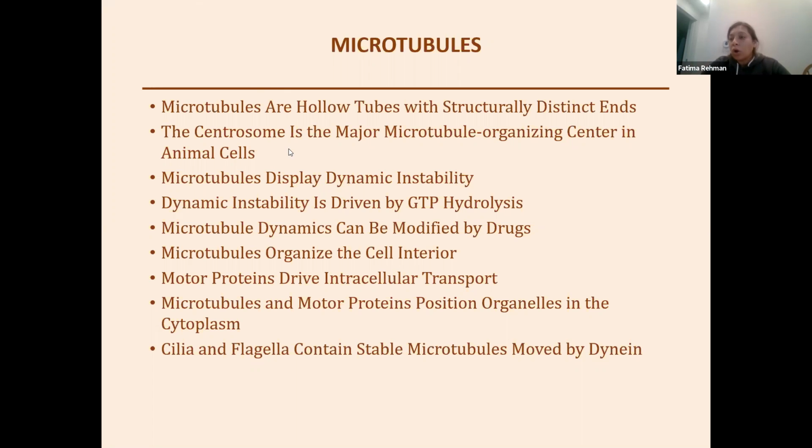This one are hollow tubes. And they have very different, structurally distinct ends, which make a plus versus a minus end. A plus end is the side where more and more tubulin dimers are getting put in, elongating the microtubule. And the minus end is the side that is not having any additional monomers or dimers getting put in.